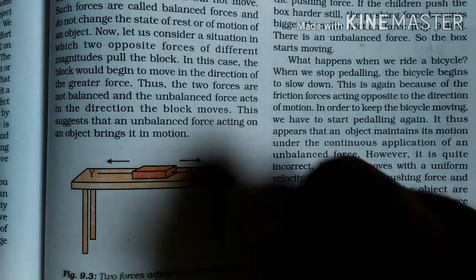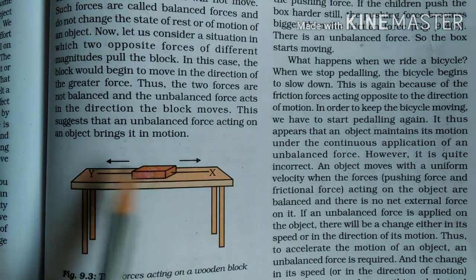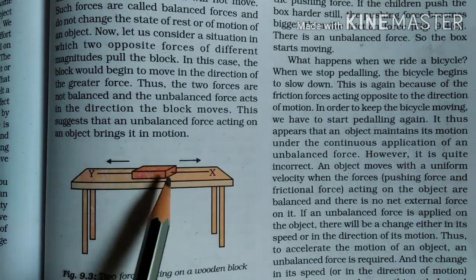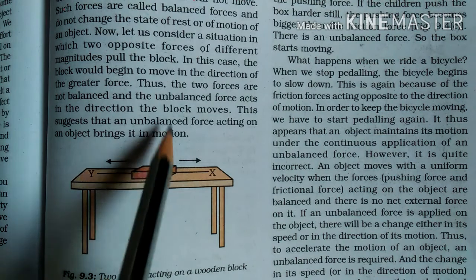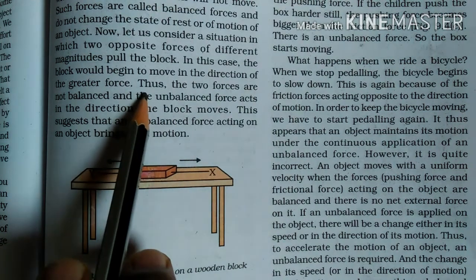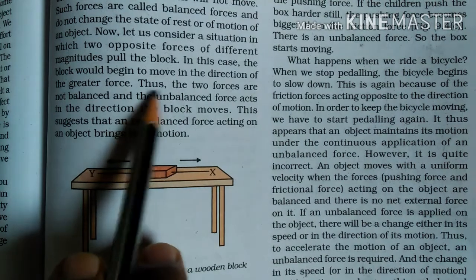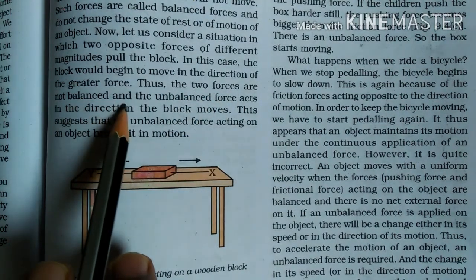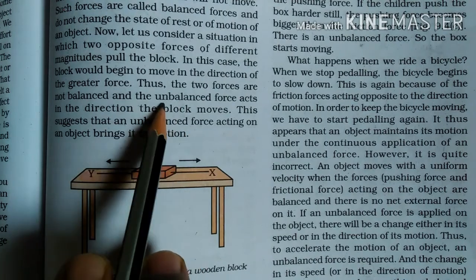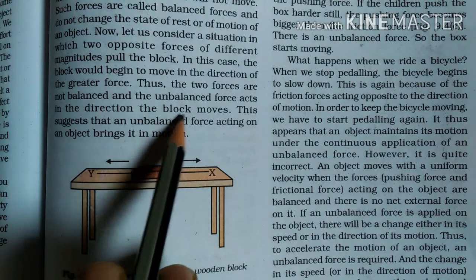Means if I pull tightly on the right hand side, more than the left hand side, that block will move towards the right hand side, because here the greater force is there. Thus the two forces are not balanced and the unbalanced force acts in the direction the block moves.